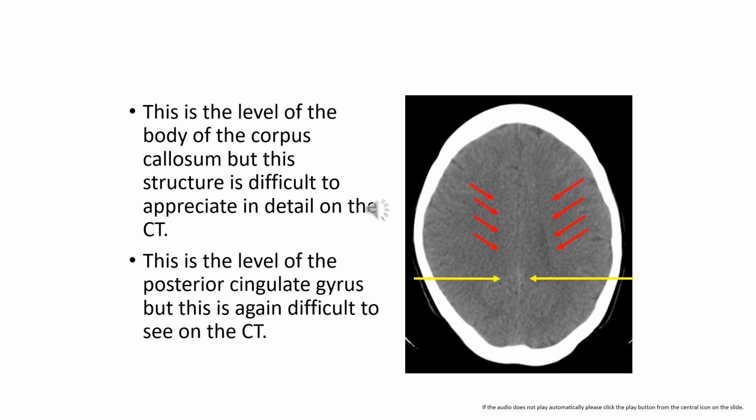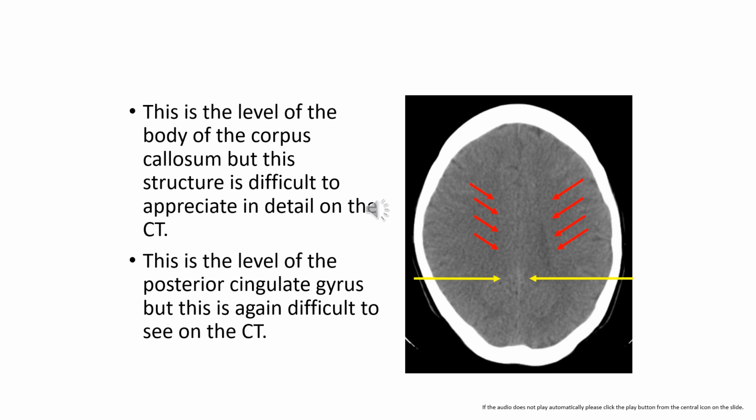So the corpus callosum is one of the basal ganglia. It has a head that we'll see is very important within anatomy, but it also has a body, and this is a thin structure that projects posteriorly superior to the lateral ventricles.